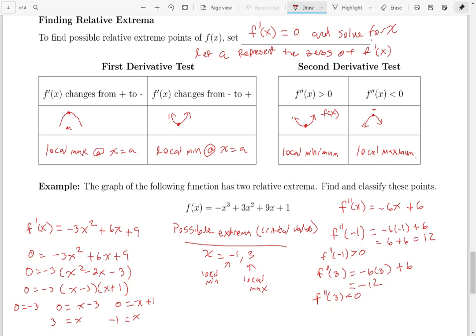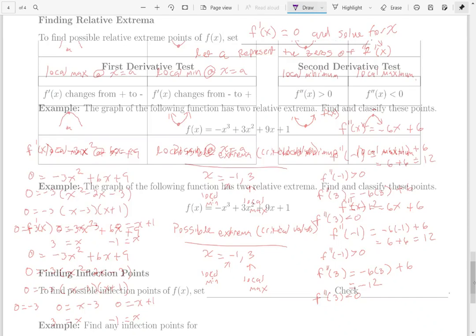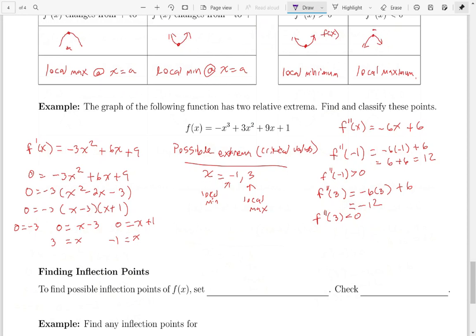Now, that's just the location of those local mins and local maxes. If I actually want to find those local mins and local maxes, of course I do need to plug it into my initial function, and we can do that real quick. So f of negative 1 is going to be negative 1 quantity cubed plus 3 times negative 1 quantity squared plus 9 times negative 1 plus 1.